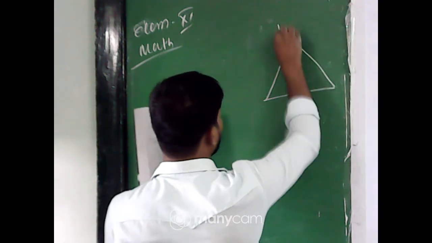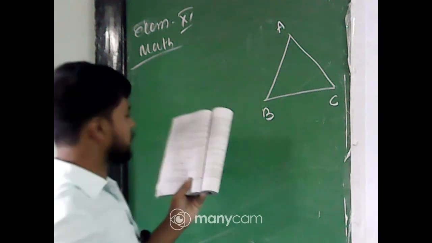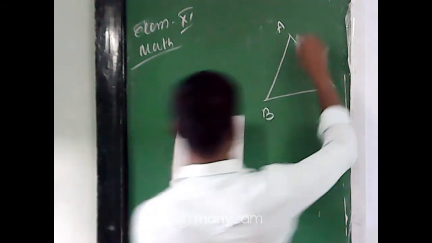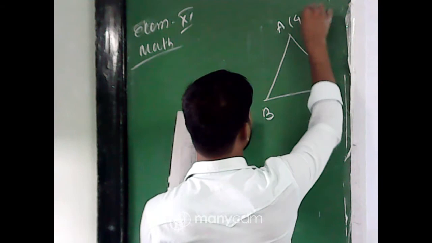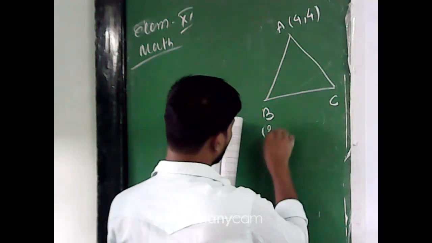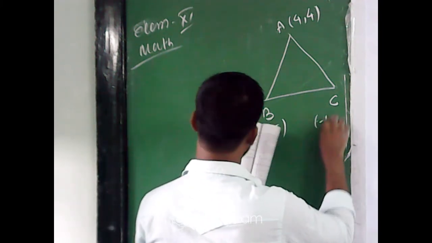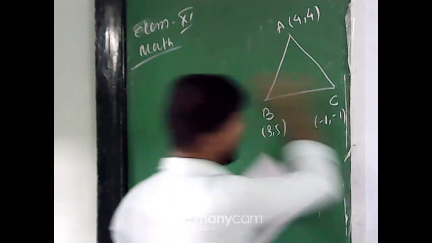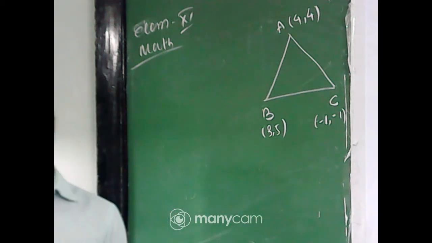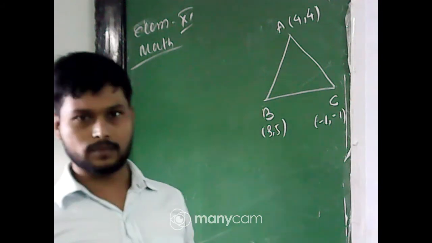We name the triangle ABC, and the coordinate of the point A is (4, 4), the coordinate of the point B is (3, 5), and the coordinate of the point C is (-1, -1). We have to prove that the triangle is a right angle triangle, but we will not use the Pythagoras theorem.